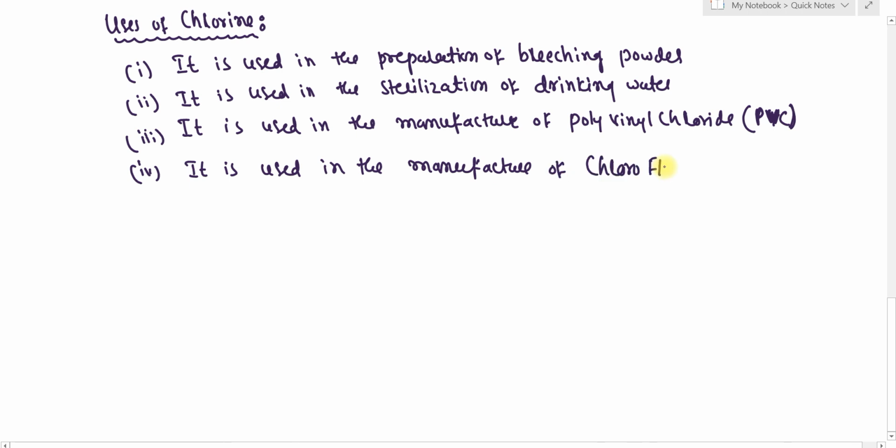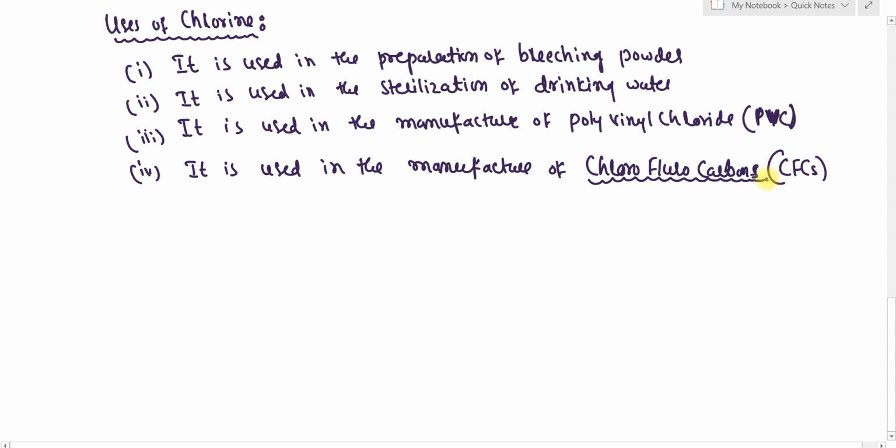Good, very good. In ninth standard, we have seen this in air pollution. So CFCs, these are commonly called as what? CFCs means chlorofluorocarbons. These are usually liberated from refrigerators and air conditioners, in AC and refrigerators. So they are going to cause depletion of the ozone layer. CFC is the main chemical responsible for making a hole in the ozone layer. Hence chlorine gas is used in the manufacture of chlorofluorocarbons.